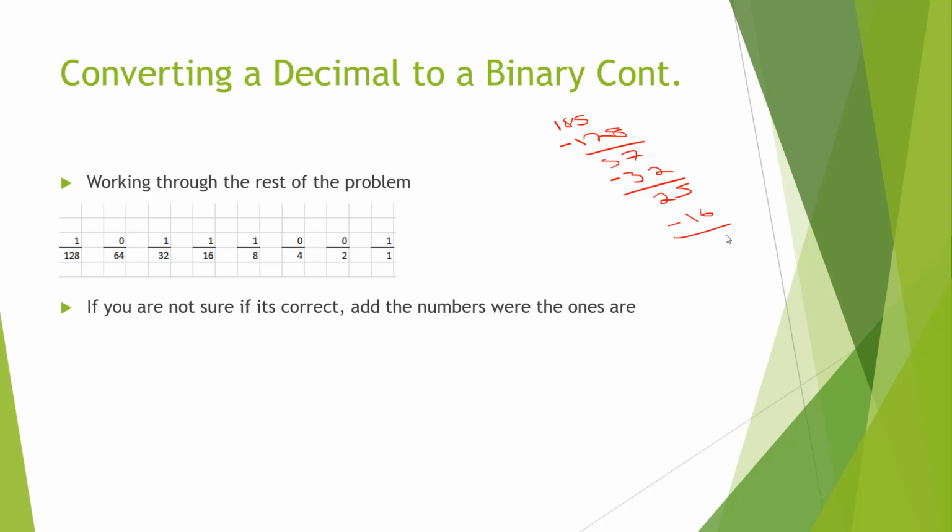That's why there's a 1. That leaves 9. Can 8 go into 9? Yes, it can. That leaves 1. Can 4 go into 1? No. Can 2 be subtracted by 1? No. Can 1 be subtracted by 1? Yes, it can. So that's how we get the binary number 10111001. That equals 185.